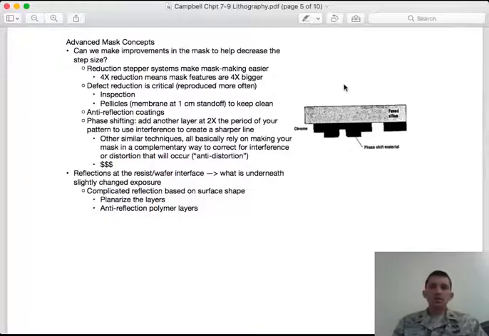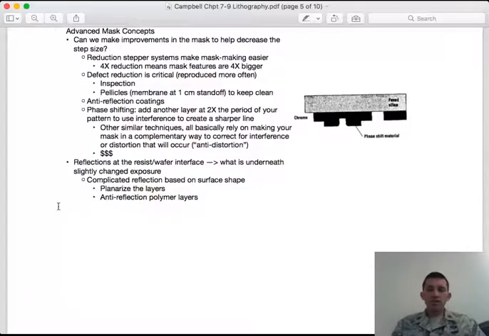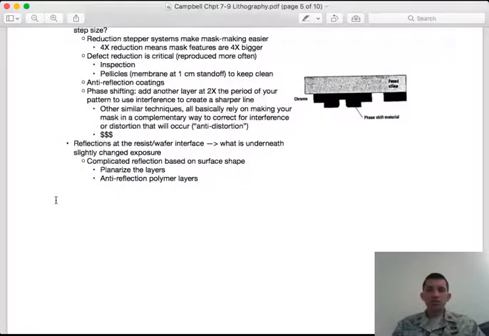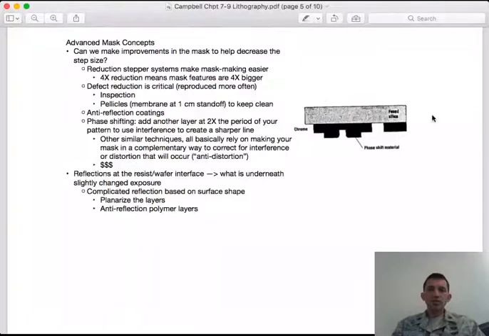It's in Callister. But you can imagine if I had a high spot, on the side of that high spot, I have a different angle. And so not only am I going to be reflecting, but I'm actually going to be reflecting at a different angle, not just straight back out, as if I had a flat layer. And so the more surface topography I have, the more complicated pattern of reflection that I'll have to deal with. And so this increases the importance of having an anti-reflection coating.